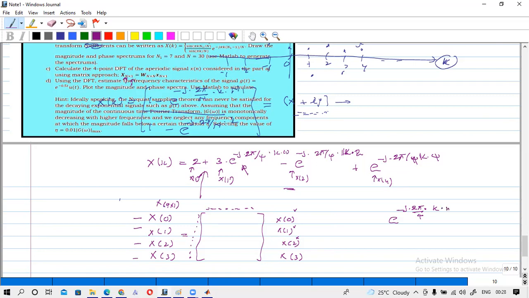So actually we take this as w. Okay, not the total one, only this one we consider as w. Actually, if it is 4 point, we consider it as w4, and we have kn here, so this value we have to calculate and put it here.